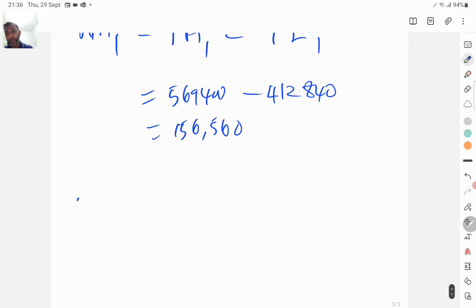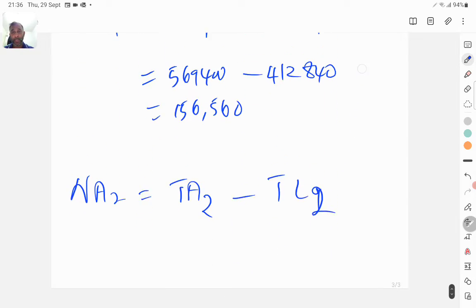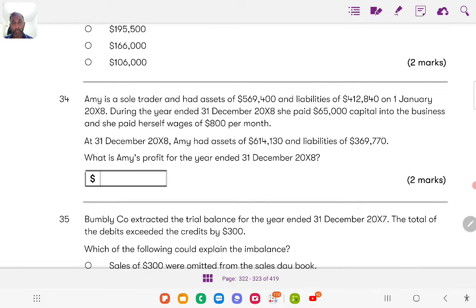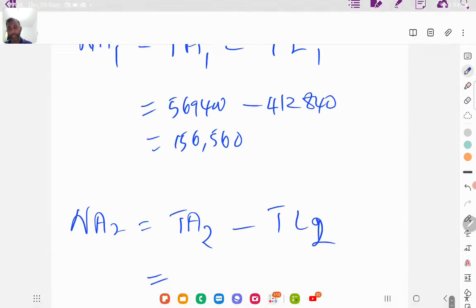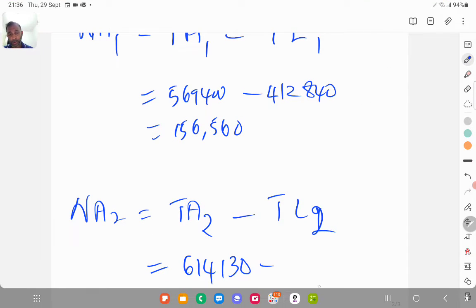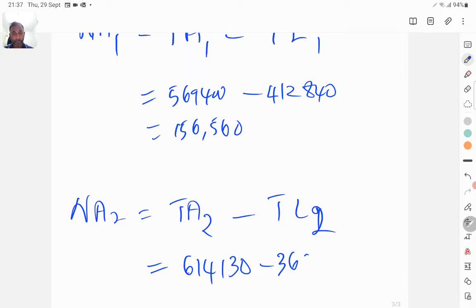And then we also need to work out NA2, that is total assets at the end minus total liabilities at the end. The numbers 1 and 2 mean the beginning of the accounting period and the end of the accounting period. So total assets at the end 614,130, minus 369,770.